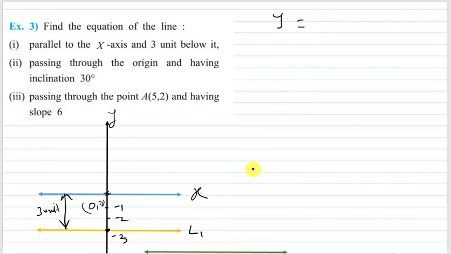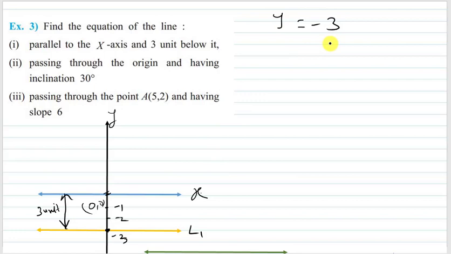If the line is parallel to y-axis, we have to take x equals to. And we should put the point where the line is intersecting the axis. So this line 1 is intersecting y-axis at point -3. So the equation of line 1 is y equals to -3.